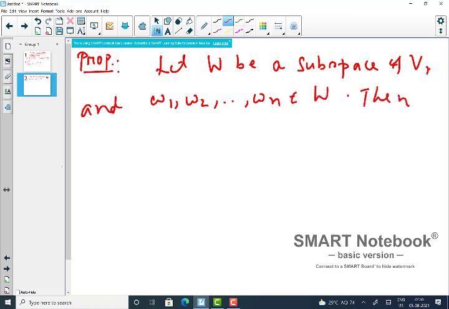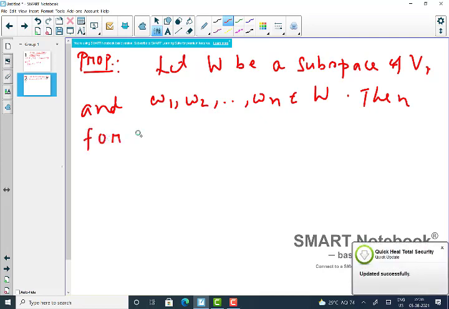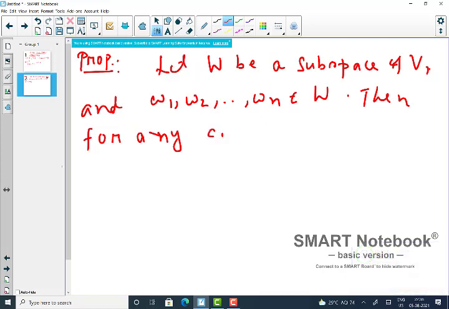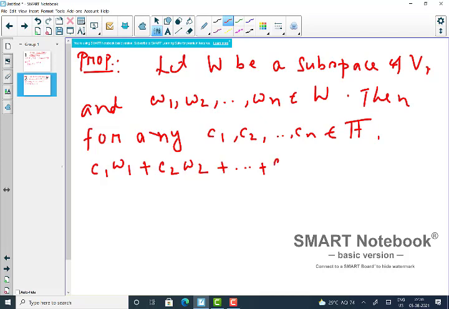Then for any constants c1, c2, up to cn belonging to F, the sum c1 w1 plus c2 w2, and so on till cn wn, will always be inside W. This is true for any finite number of elements of W and any constants in F.